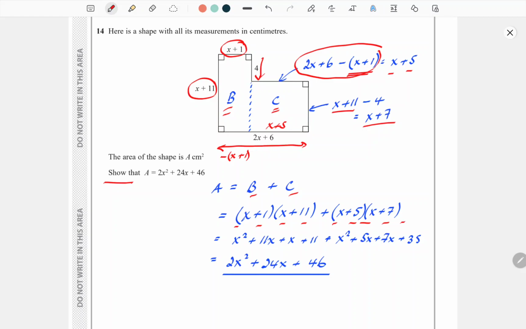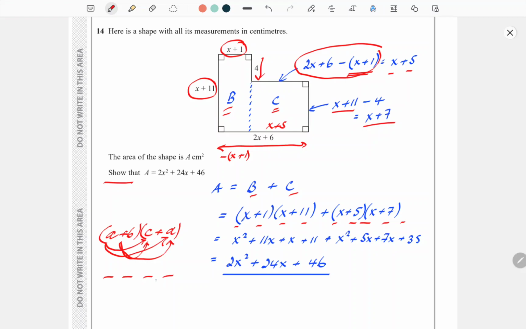Expand everything out. Remember, whenever you're doing brackets, you want A times C, A times D, then you want B times C and B times D. So you're going to get 1, 2, 3, possibly 4 terms.